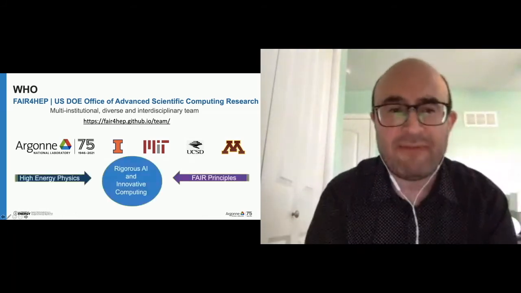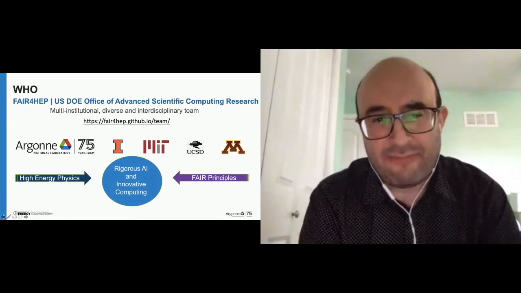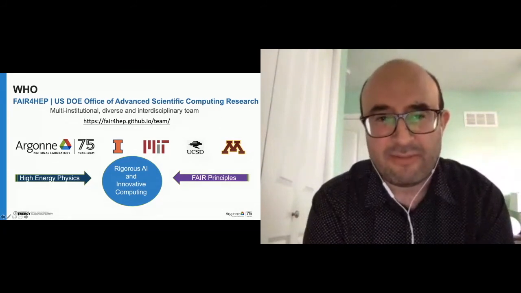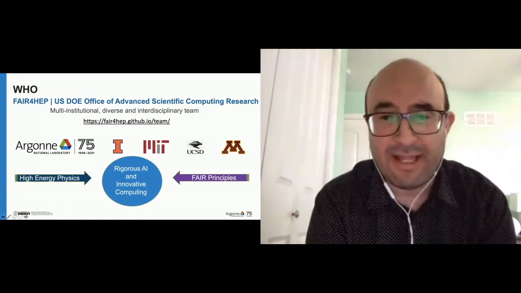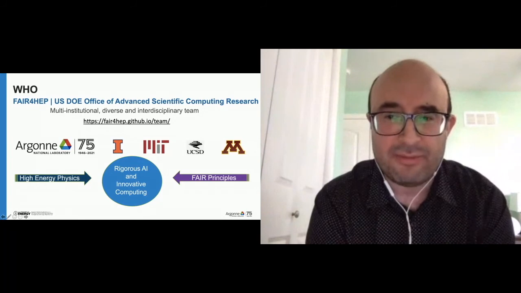So here the name of the game is as follows. There are physicists that understand very well the challenges in the application of AI. We have experts in the team like Dan Katz that have been working on understanding how FAIR applies to software.